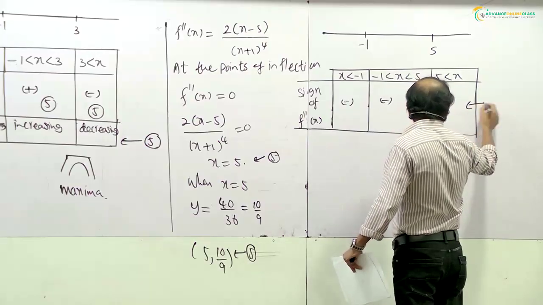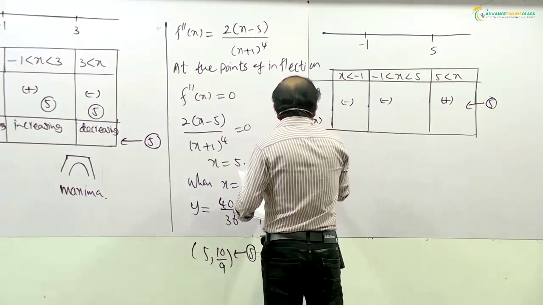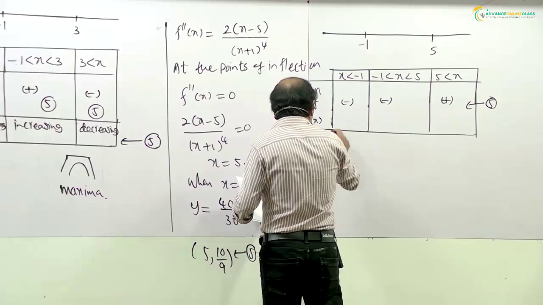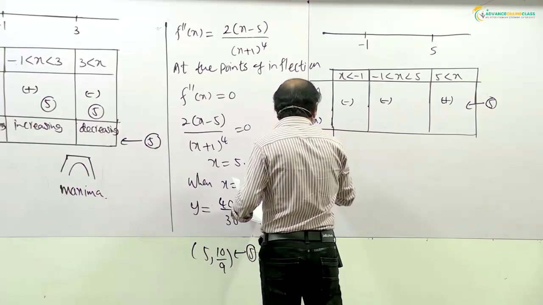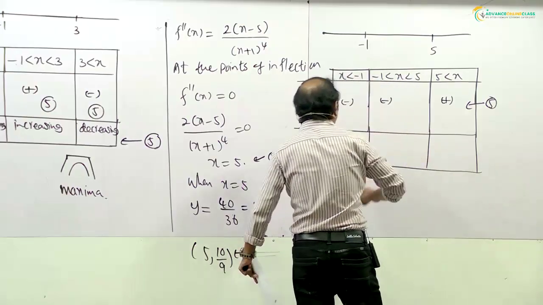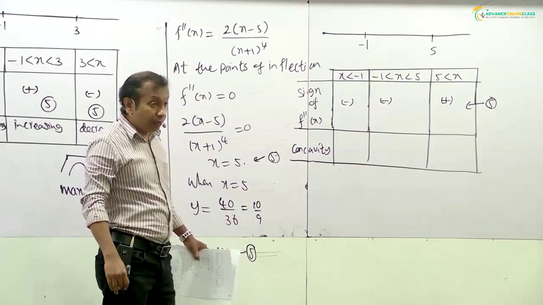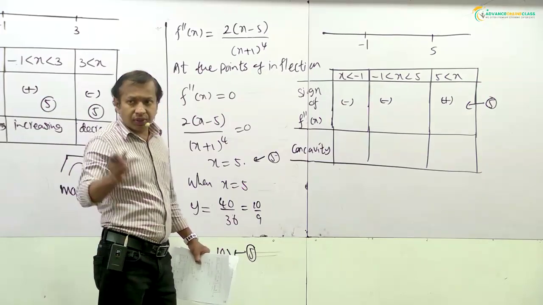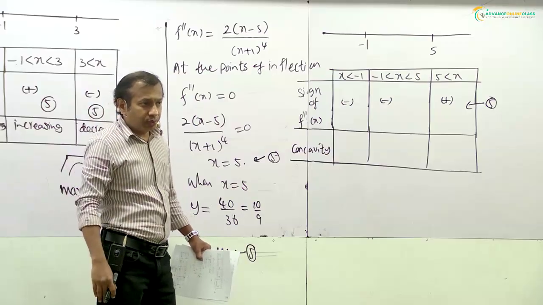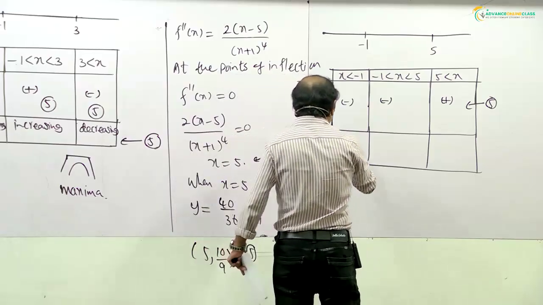For this all 5, here we can write concavity. People tell me, if the second derivative is negative, what is the shape? Concavity down, no? Second derivative is negative means concave down. Second derivative positive means concave up.